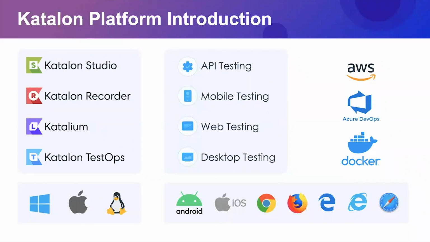With the Katalon platform, we cover end-to-end testing with API testing, mobile testing, web, and desktop. We are also working on new types of applications such as command line and terminal, which we will deliver in the upcoming releases. Katalon supports Mac, Windows, and other platforms, and we also support users working in a Linux environment.